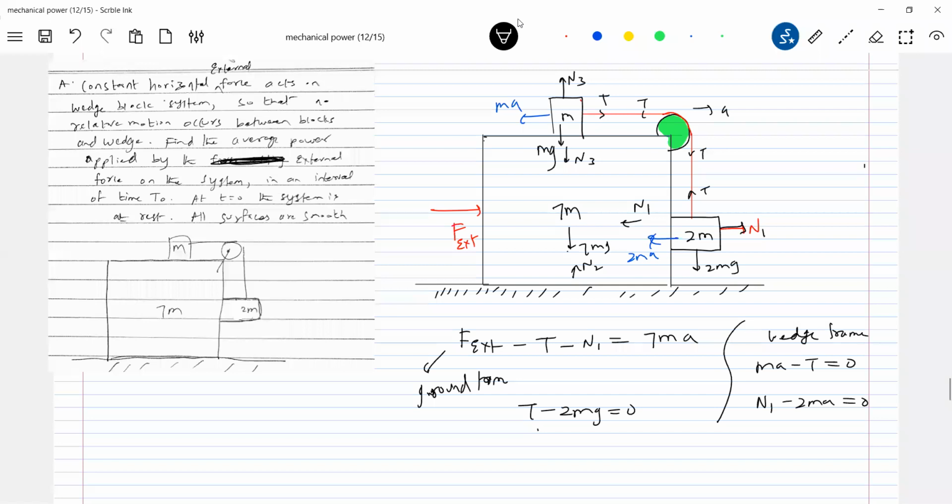So then F external, equations 1, 2, 3. Put 2, 3 in 1: equal to ma minus 2ma equal to 7ma.